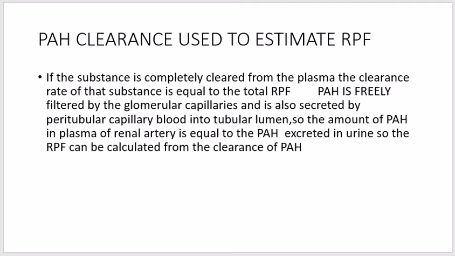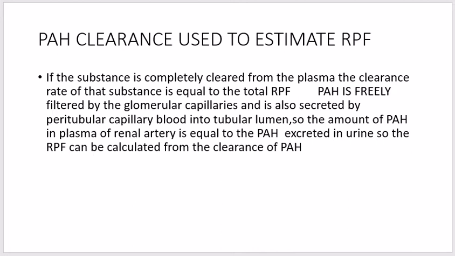So total renal plasma flow is equal to the PAH clearance divided by the PAH extraction ratio. The extraction ratio is calculated as the difference between the renal arterial blood and the renal venous blood concentration divided by the renal arterial PAH.